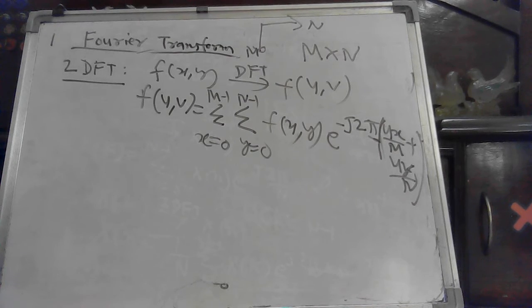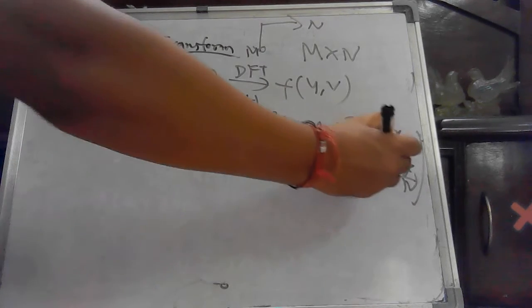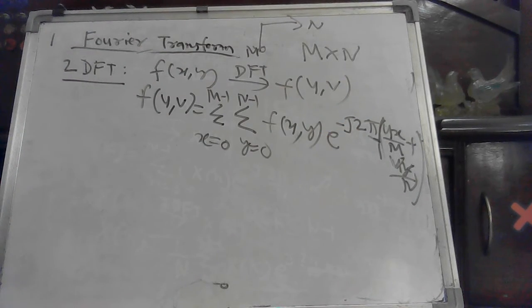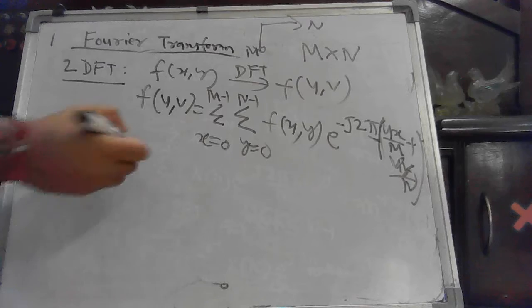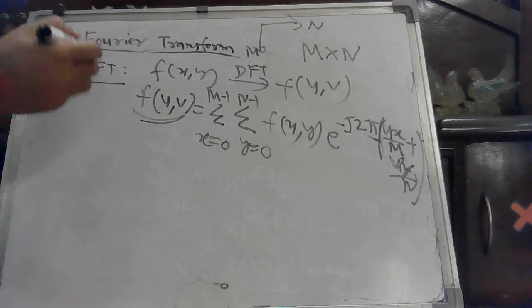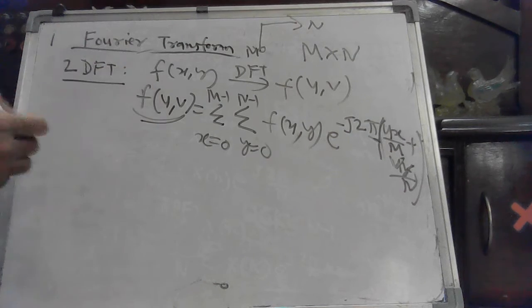Rather than writing N, you are writing ux over M plus vy over N. This is the multiplication factor: e raised to the power minus j 2 pi times (ux divided by M plus vy divided by N). So this is your 2D DFT. You will get converted signals by using the discrete Fourier transform in 2 dimensions.